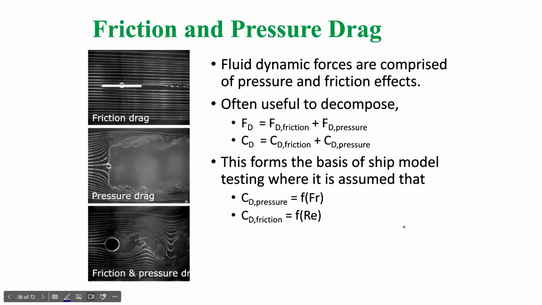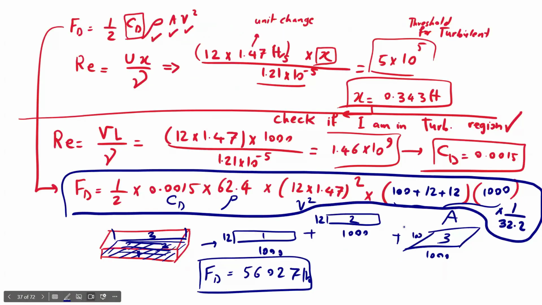Two, be careful about the area. If this is the barge, I have one at the bottom and I have two sides. This one isn't going to be included because the force is perpendicular to that one, which is lift, not the one that I would like. So drag is something that you should have literally drag on.